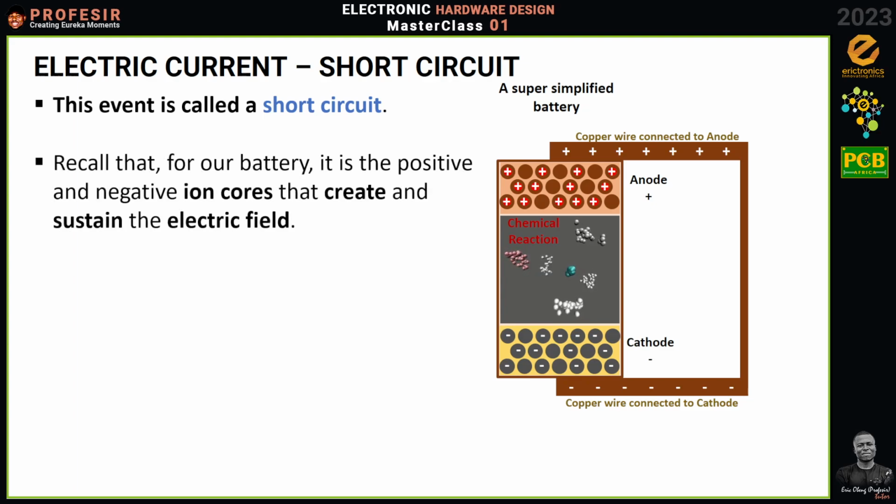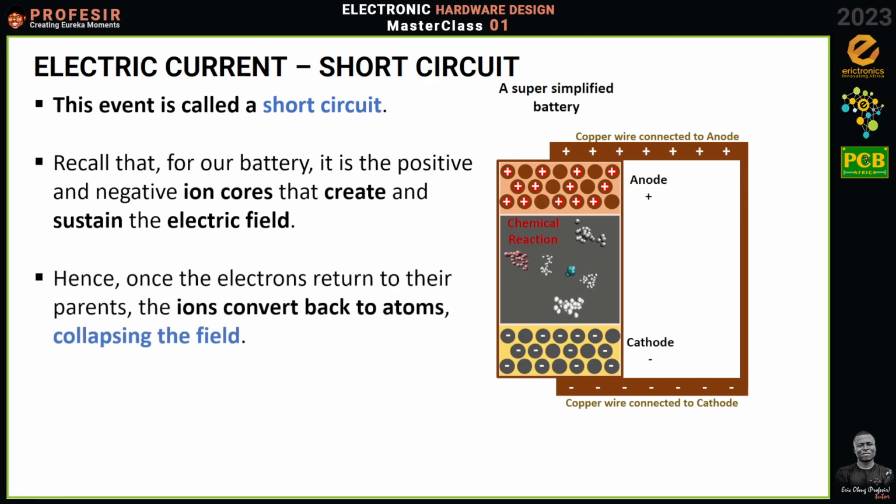Now, what happens to our battery when a short circuit happens? Let's look at that. I think we will close on that note. Now, we should recall that our battery has a positive ion core and negative ion core, and we need these ion cores up and running to sustain the field, right? But this is the situation where the electrons are moving back to recombine with these ion cores.